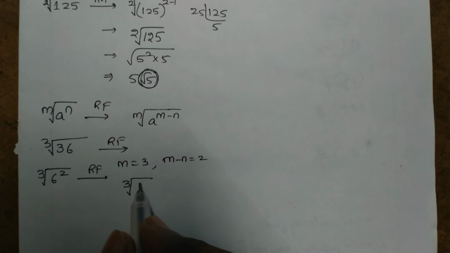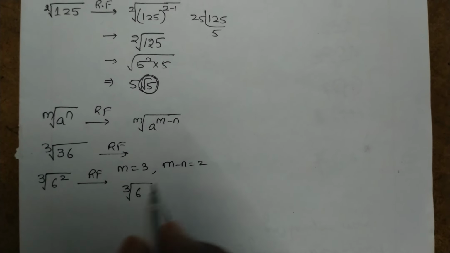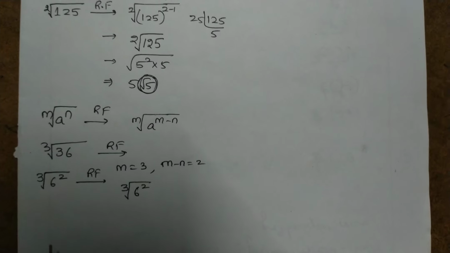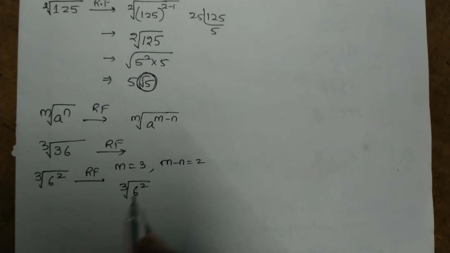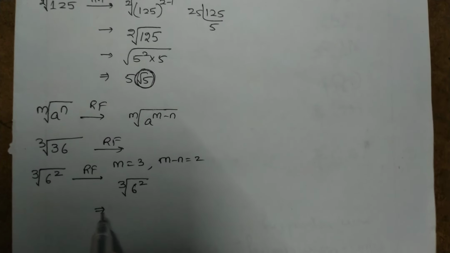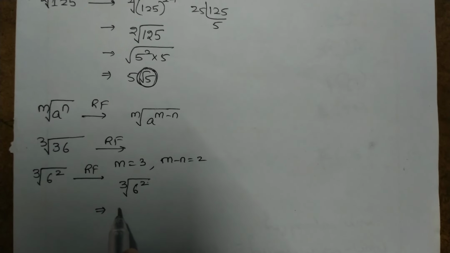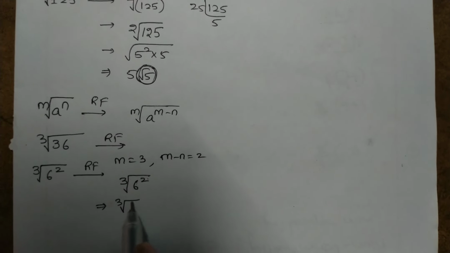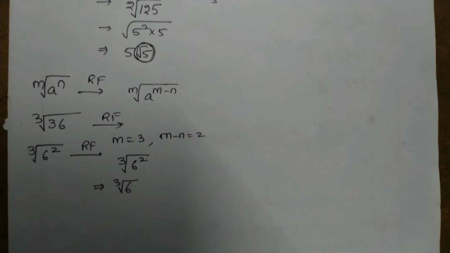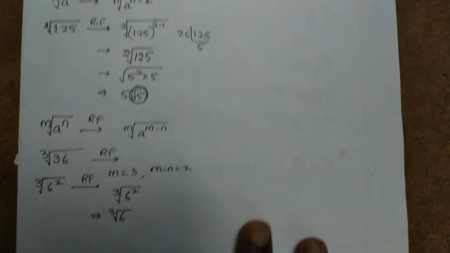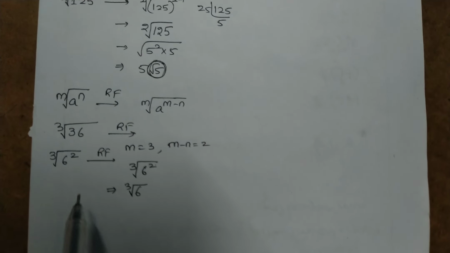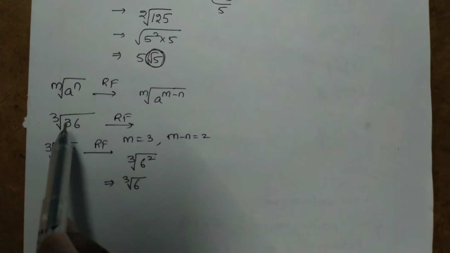The value of a is 6. So from here you will get the fifth root of 6 cubed. So the fifth root of 6 cubed is going to be the rationalizing factor of the fifth root of 36.